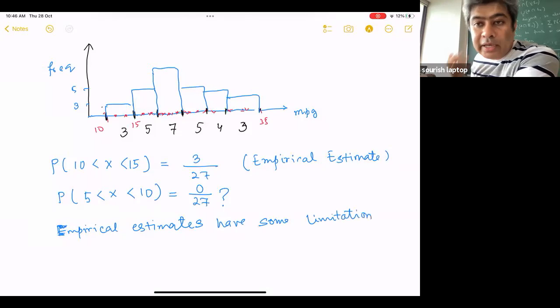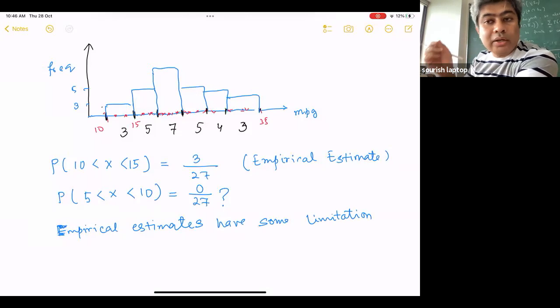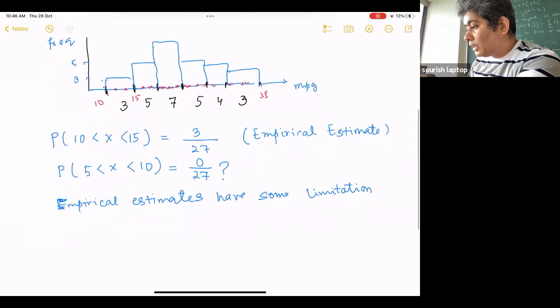So you cannot apply empirical estimates blindly. That is where integral calculus comes to the rescue. And how do we solve this issue? We will do another tweak in this case.